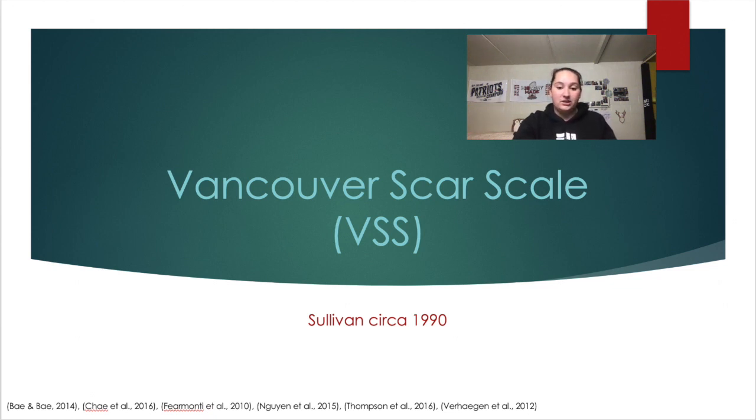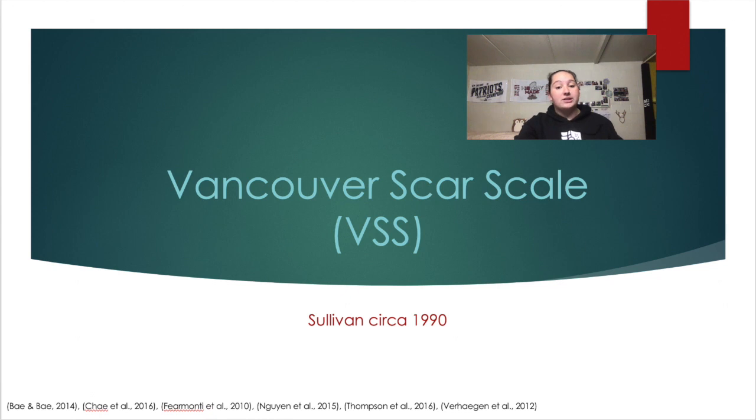Again, it's a subjective assessment, and it's based on 4 physical parameters that relate to how the wound is healing and maturing, the cosmetic appearance of the scar in this case, and the function of the healed scar. That's something more unique to the VSS, that it takes into account the function, and you'll see what I'm talking about as I get through the others.